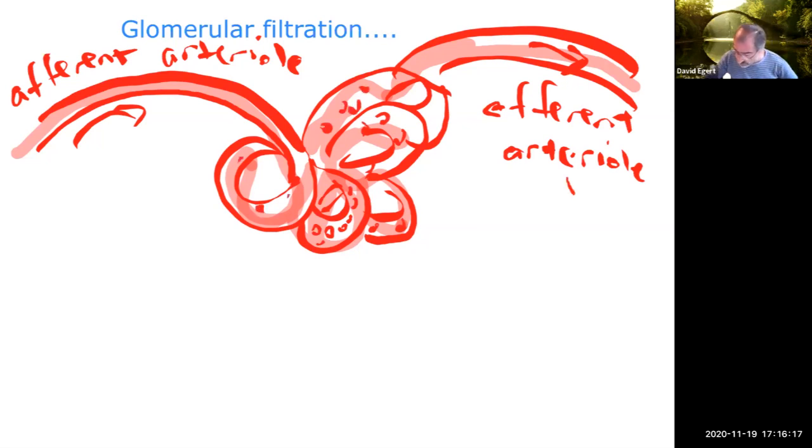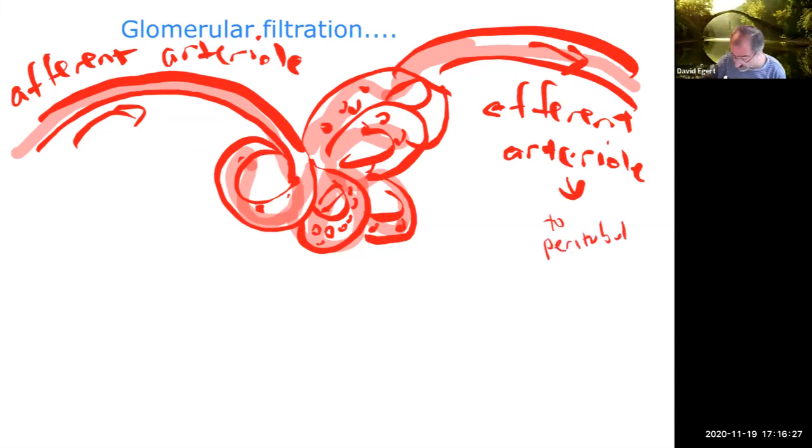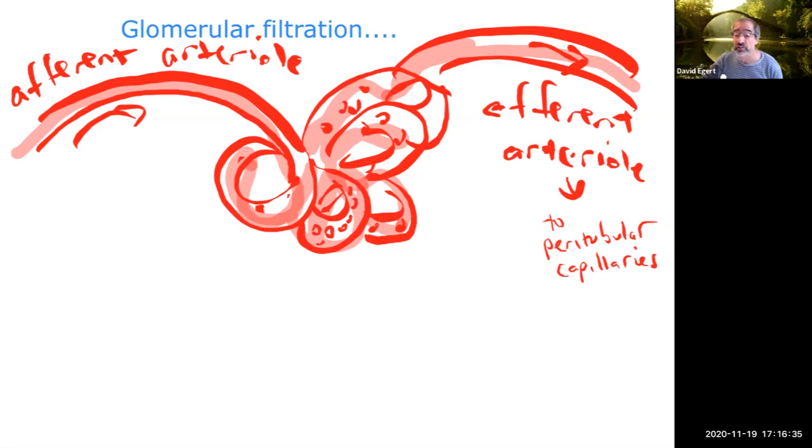Where is the efferent arteriole heading to after the glomerulus? Second bed of capillaries. So this is heading off to the peritubular capillaries. Right, and we're going to follow that later. When we get to reabsorption and secretion, we're going to care about that. But for right now, we're keeping our focus on the very beginning of the process, the filtration.